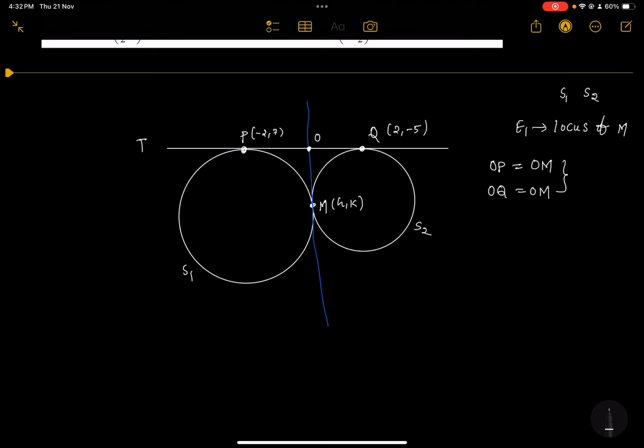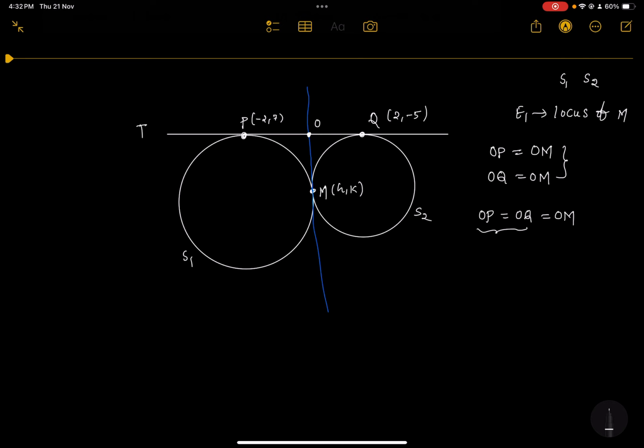So from these two we can write OP = OQ = OM. So OP is equal to OQ, so O is the midpoint of P and Q. So let us find the coordinates of O. O is ((-2+2)/2, (7-5)/2), that is (0, 1).